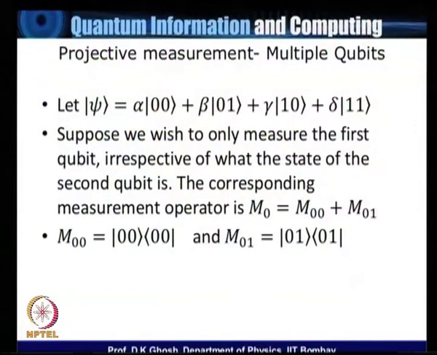So let me extend this idea to the case of multiple qubits. Well, we will not really do multiple qubits, but once we have taken care of 2 qubits, the extension to many qubits should be obvious. But before I proceed, let me explain how this situation would be.